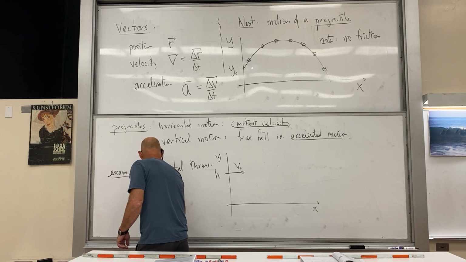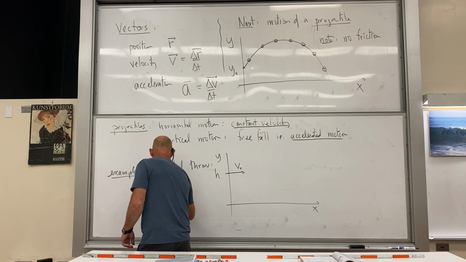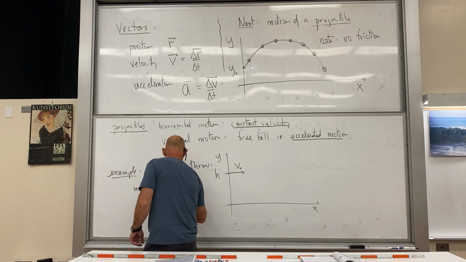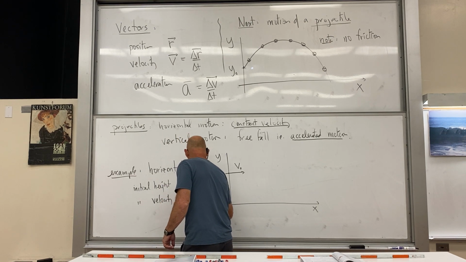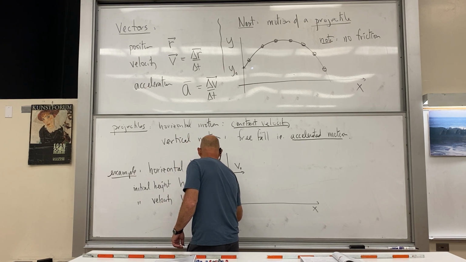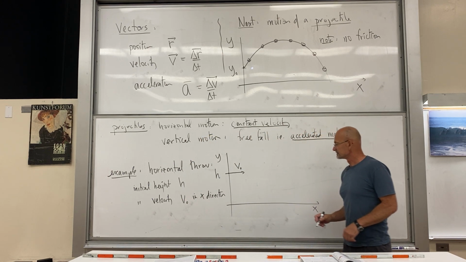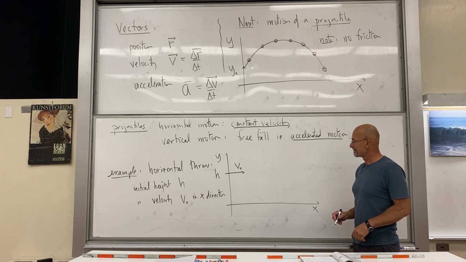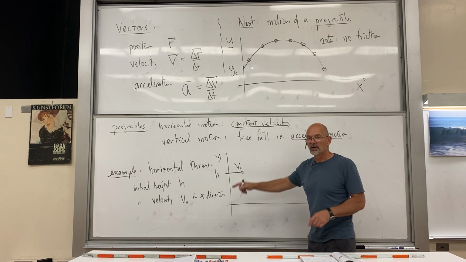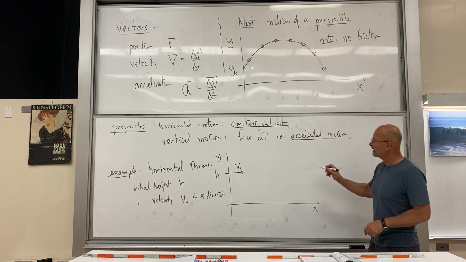Initial velocity v0 in the x direction. And the independence of these two motions leads us to the following formulas.